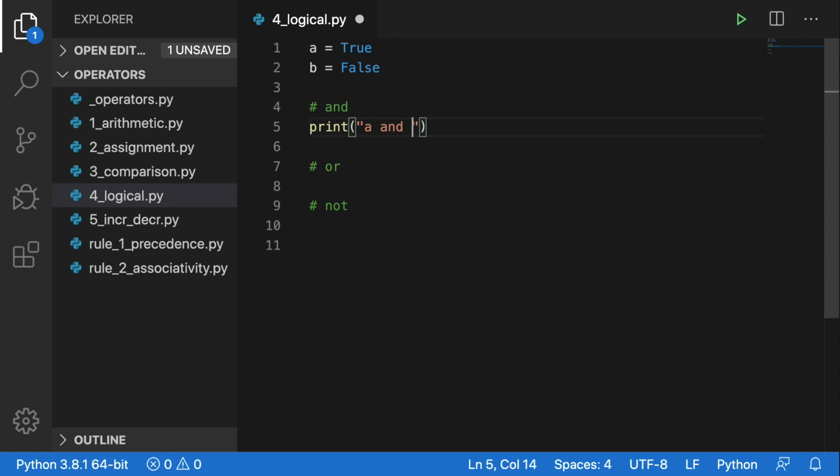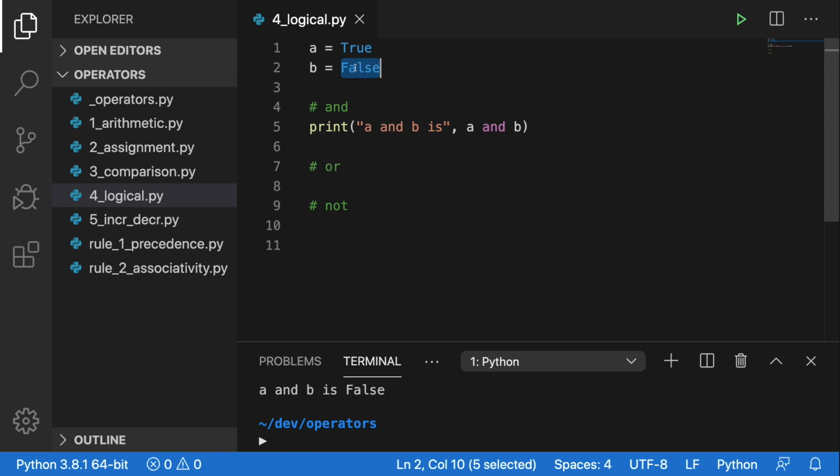A and B is false. In this example, not both operands are true, so it should be false.